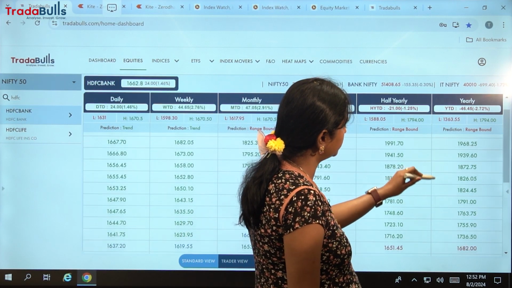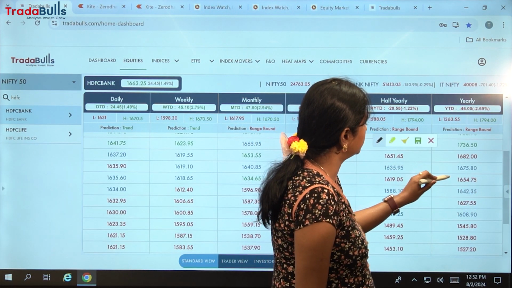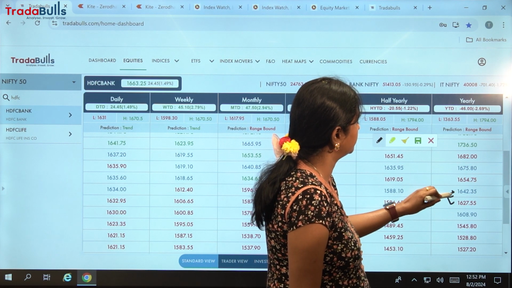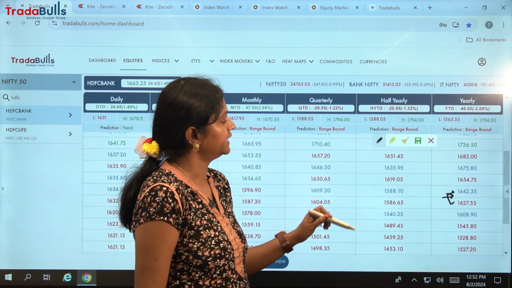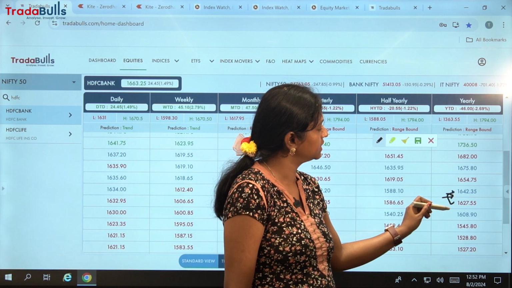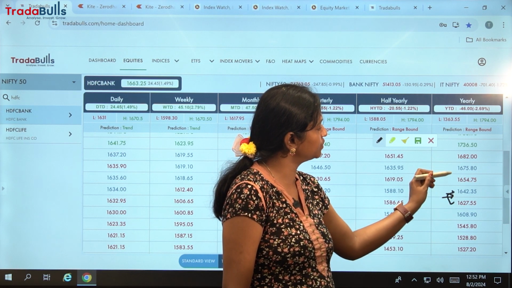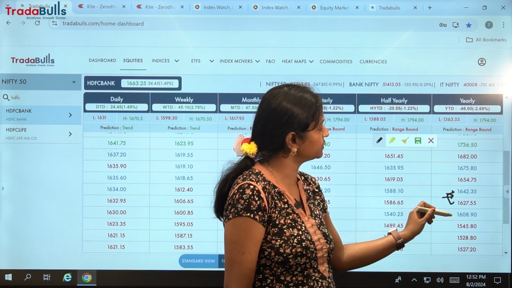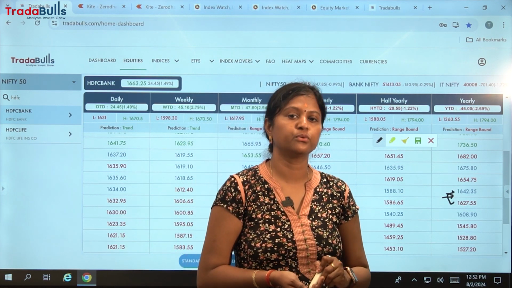If you look at the year, 1631 is somewhere in between this range. Here, these blue highlighted lines are the CPR points. If the value goes below 1608, there are chances of the market going down.